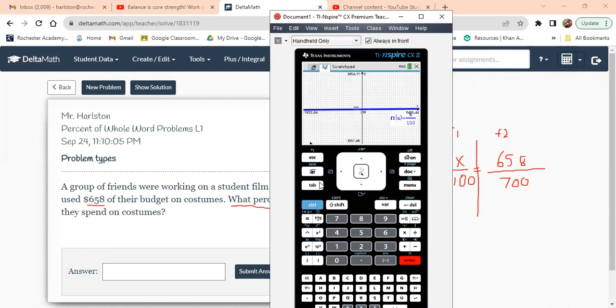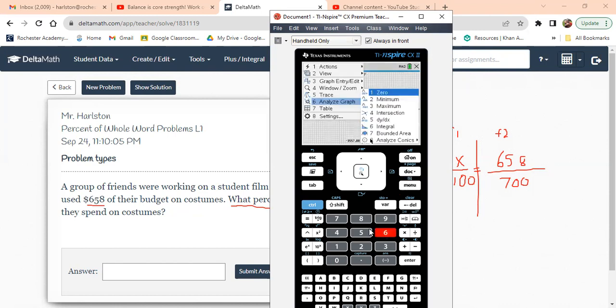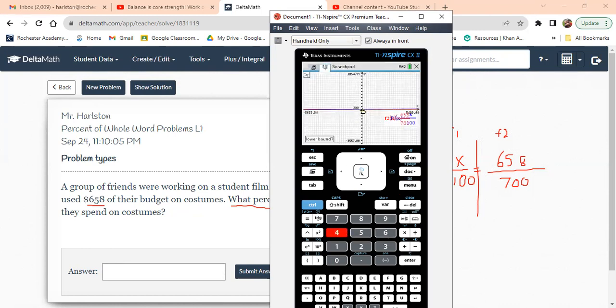And then we are going to go tab and we're going to do control divide 658 over 700. So we get that. And I'm going to go menu 64, start here, go left, and it says that that represents 94%. The costumes were 94%.